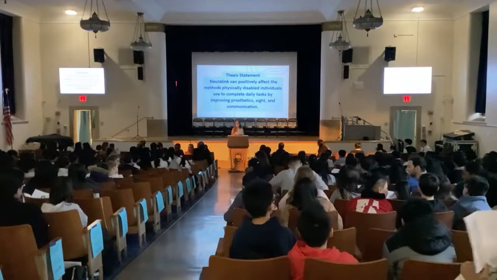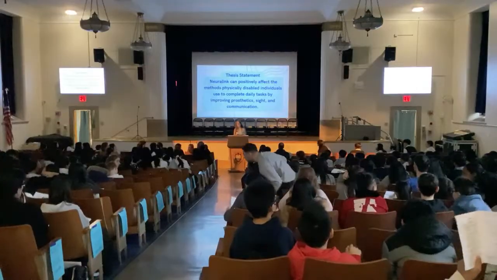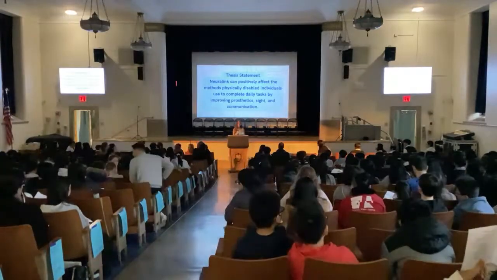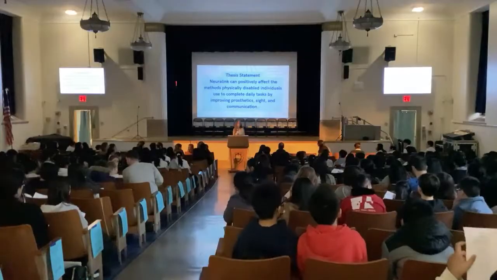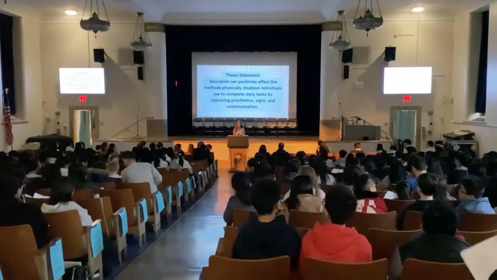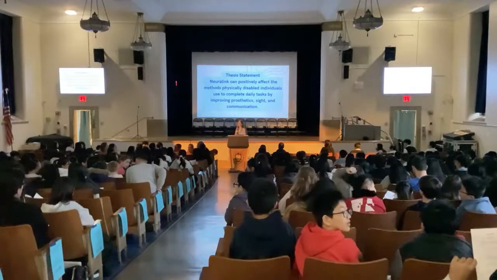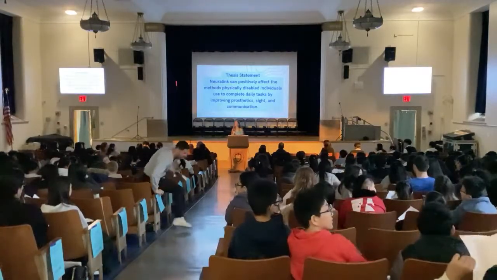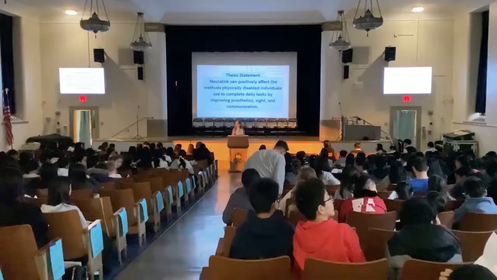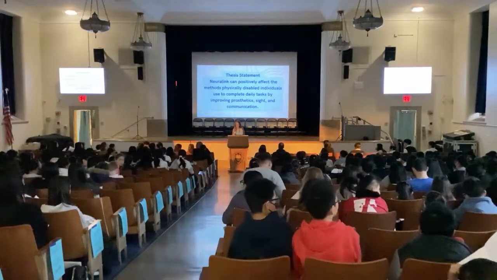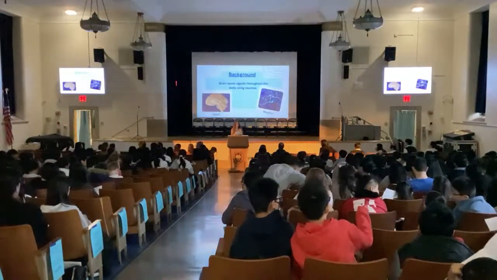Before I begin, I need you to know that my topic isn't directly stem cells, but it is related to stem cells because both stem cells and Neuralink can help treat ailments like paralysis, Parkinson's disease, and other types of brain injuries.